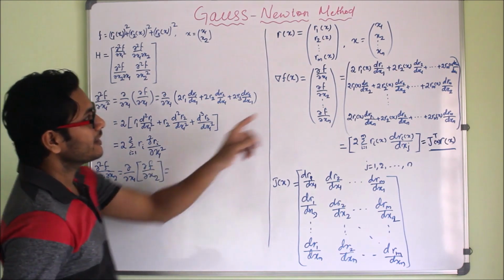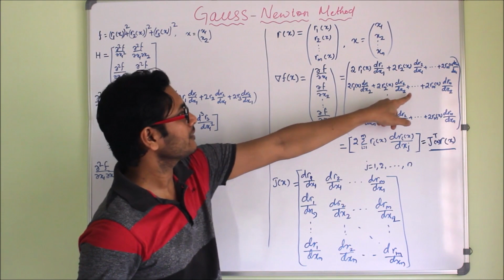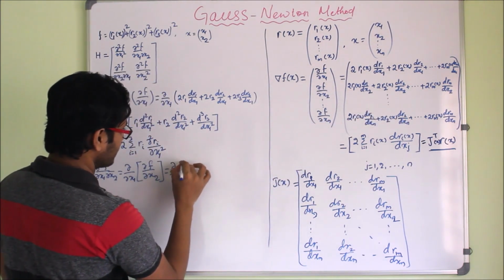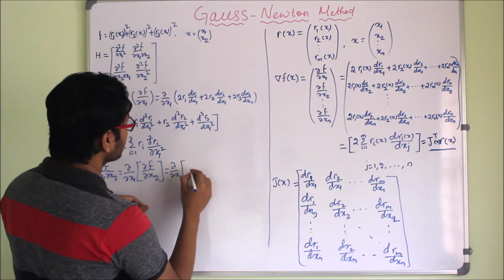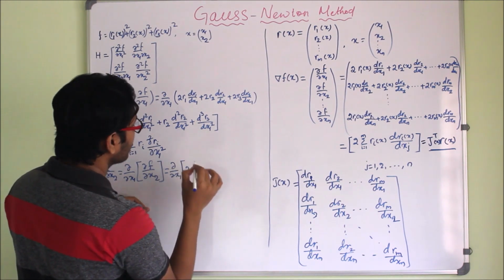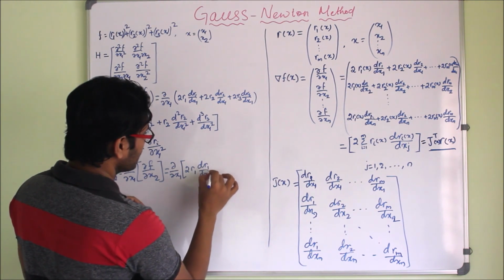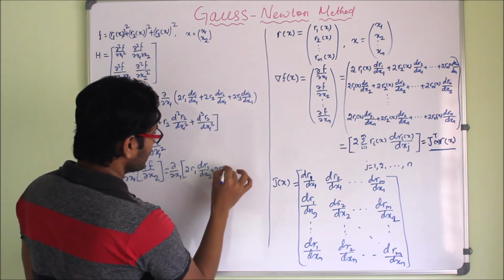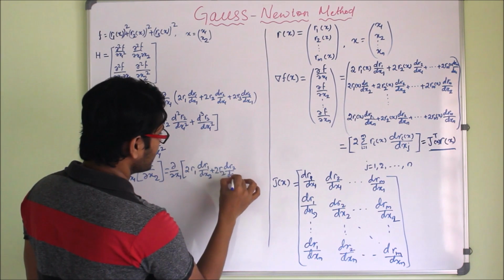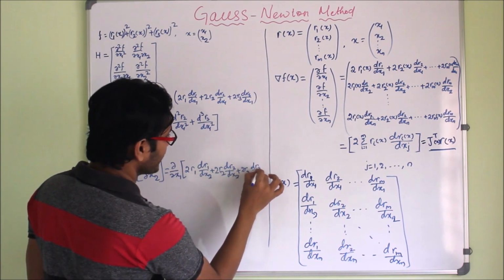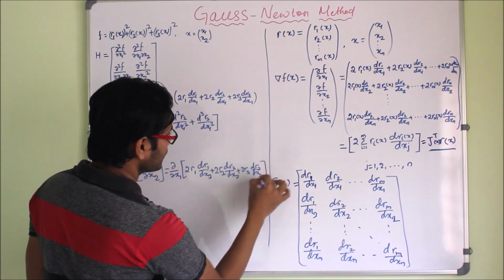So ∂f/∂x2 will be this one. So we will write this one. So ∂/∂x1 whole into 2r1 ∂r1/∂x2 plus 2r2 ∂r2/∂x2 plus 2r3 ∂r3/∂x3, this one.